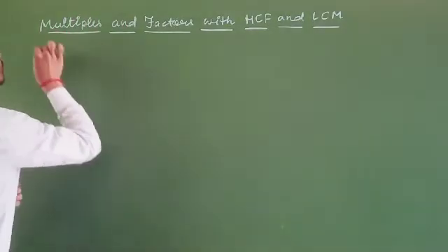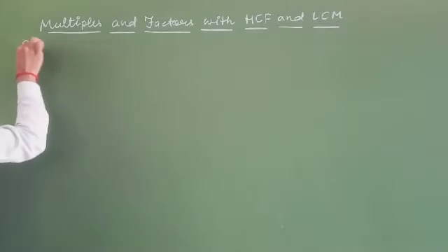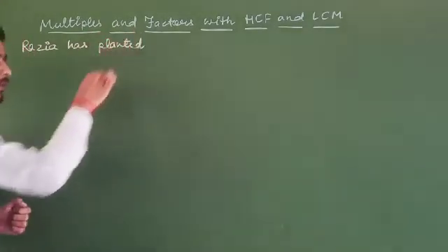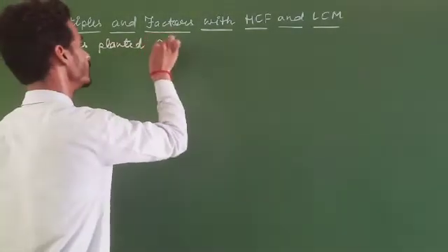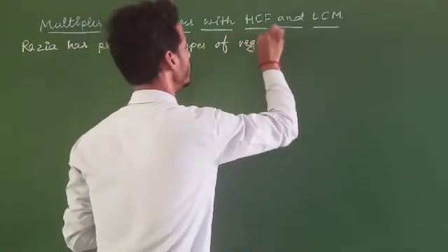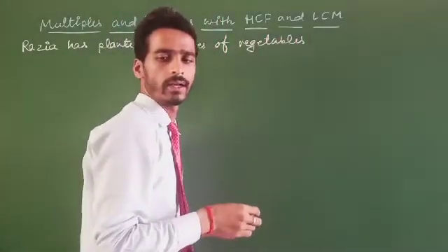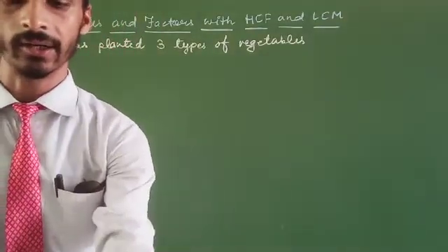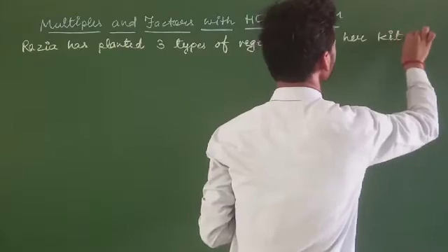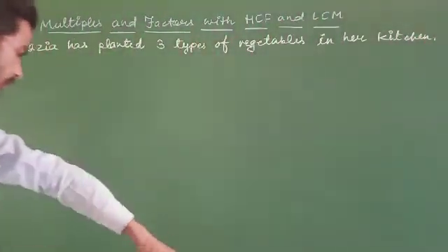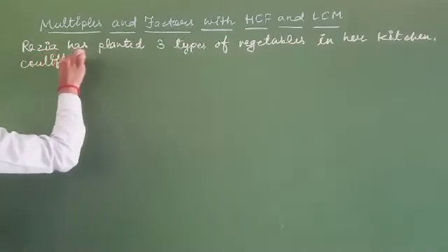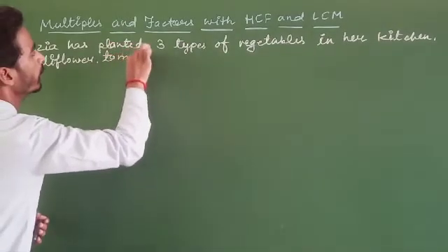Razia has planted three types of vegetables in her kitchen garden: cauliflower, tomato and brinjal.